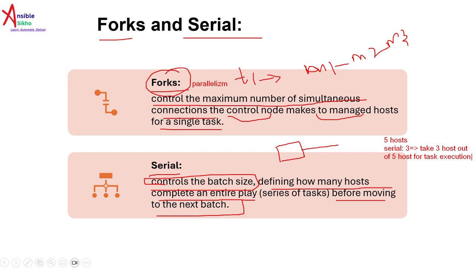Got it? Understood, no? So this is the functionality of serial, and forks achieves parallelism, whereas serial achieves batch-level processing.